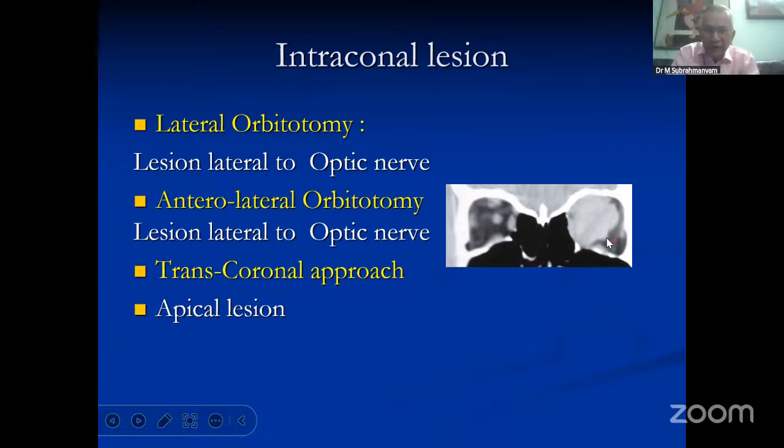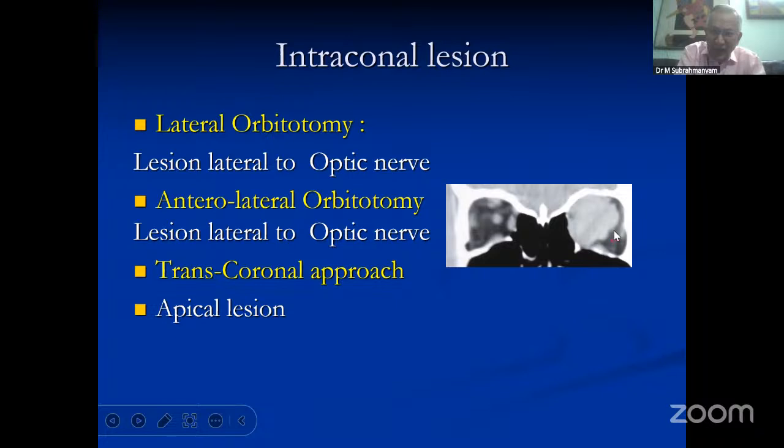When the optic nerve is not seen separately from the lesion, it means it is coming from the optic nerve. It could be a glioma or a nerve sheath meningioma. But if it is separate from the tumor, it means that the tumor is different. It's not from the optic nerve. The next thing we see is whether the tumor is lateral or medial to the optic nerve.